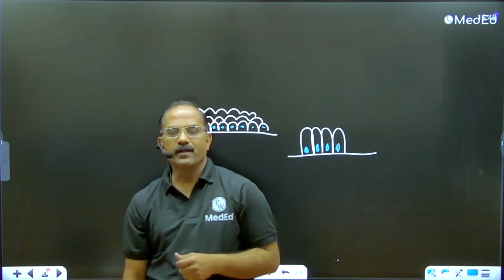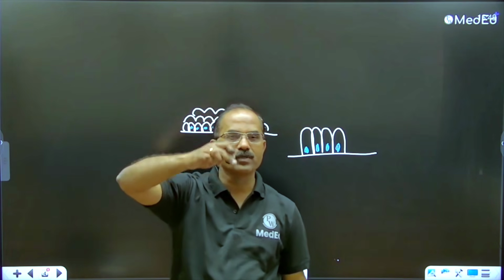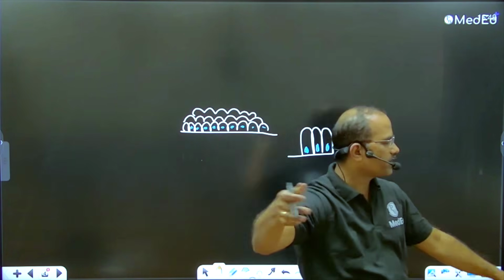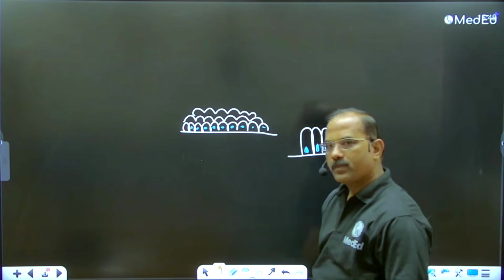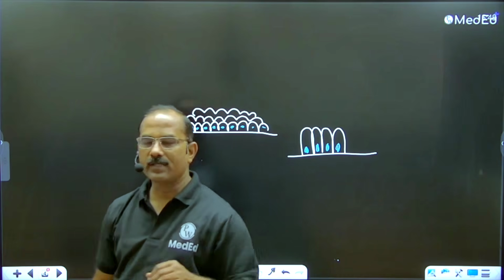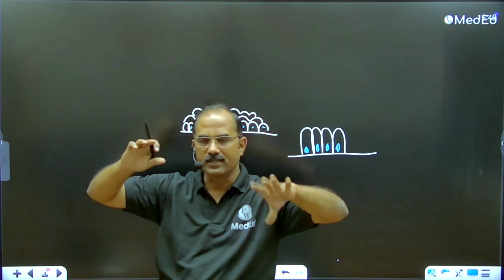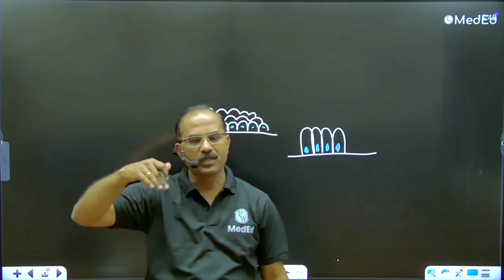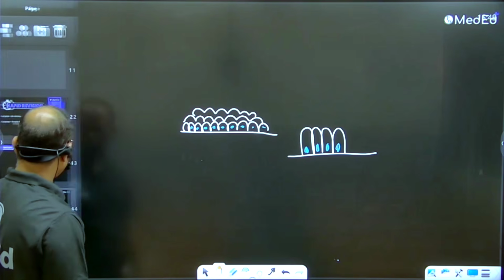And we have another type of stratified epithelium in which the topmost cells are umbrella-shaped cells. What is that epithelium? The topmost cells are umbrella shaped and these cells can stretch themselves. This is transitional epithelium, a characteristic of urothelium, urinary epithelium.